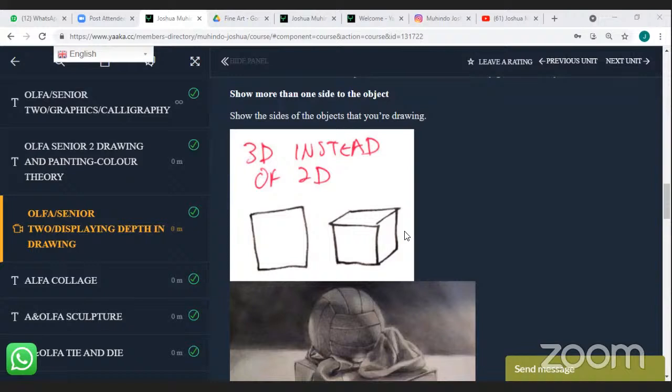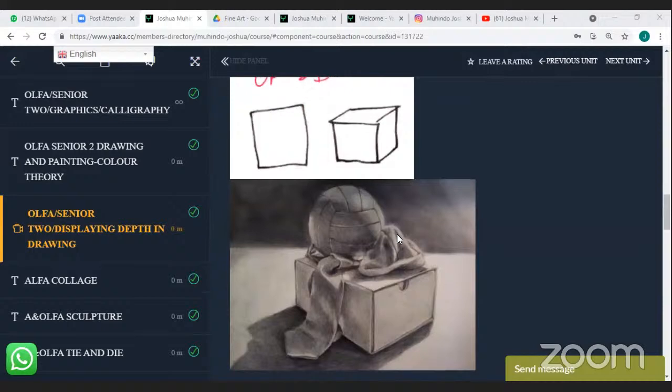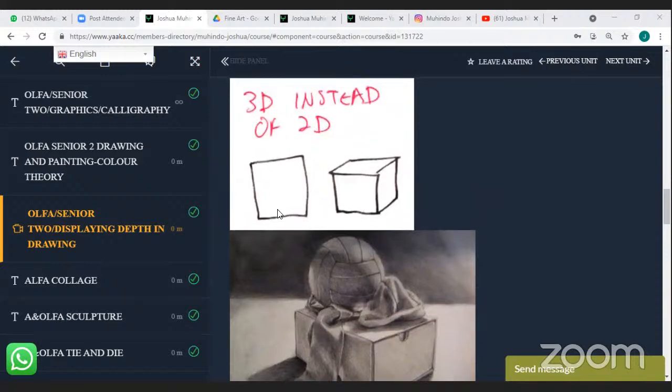I can carry it, I can remove it from where it is, and I can also see what may be behind. If I turn it, I will still be interested in looking at what is behind the other side. But with a two-dimensional, for example, a plain paper, a drawing is two-dimensional. When I turn the paper, I may not see something interesting. But as human beings, we are three-dimensional. When I tell you to turn around, I will still be seeing you. You get me? A blackboard is two-dimensional.